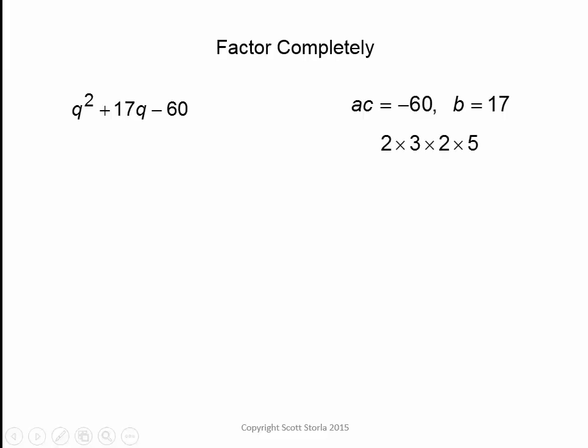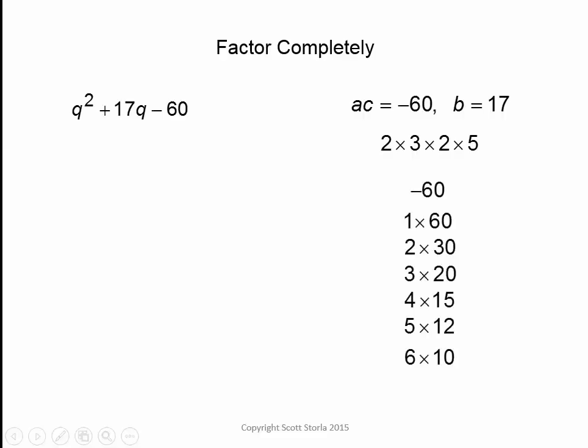I'll get my prime factored form, and here are my factor pairs. 1 times 60, 2 times 30, 10 and 3, 3 times 20, 4 and 5, 4 times 15, 5 times 12, 6 times 10, no factor of 7, no factor of 8, no factor of 9, and then I get to 10, and I'm starting back again, so I have all the pairs I need to worry about.